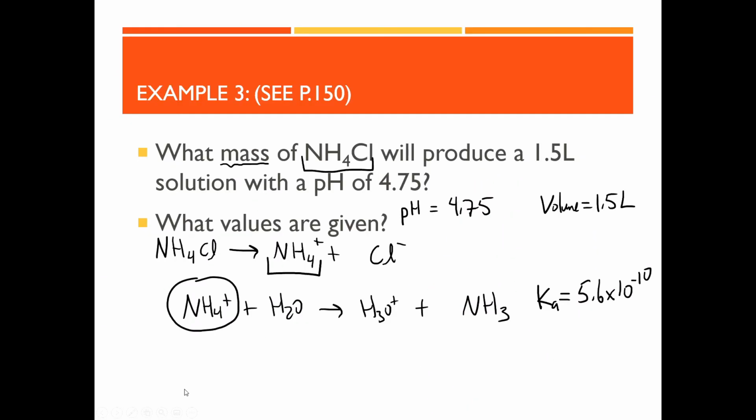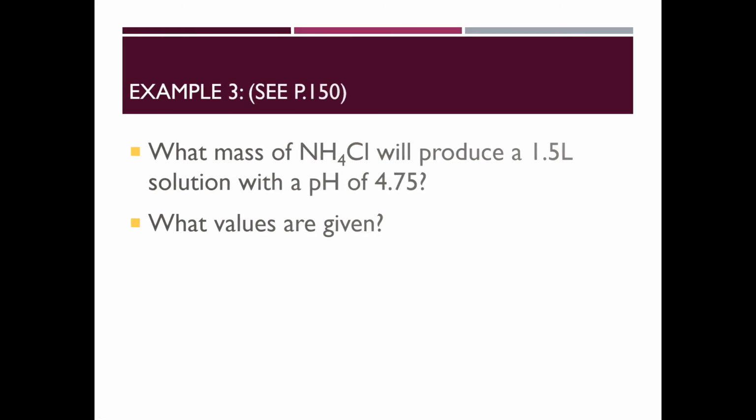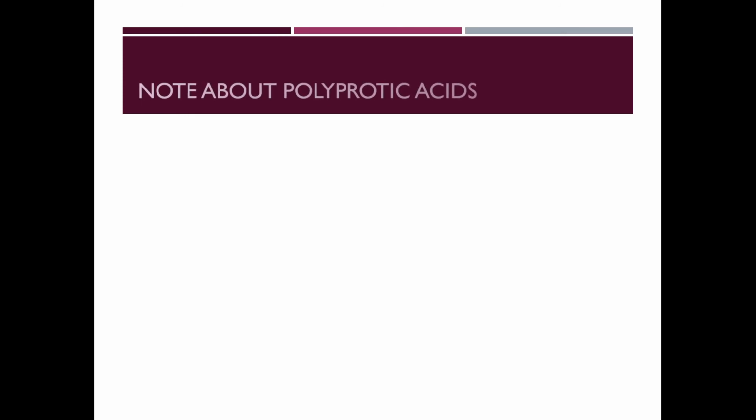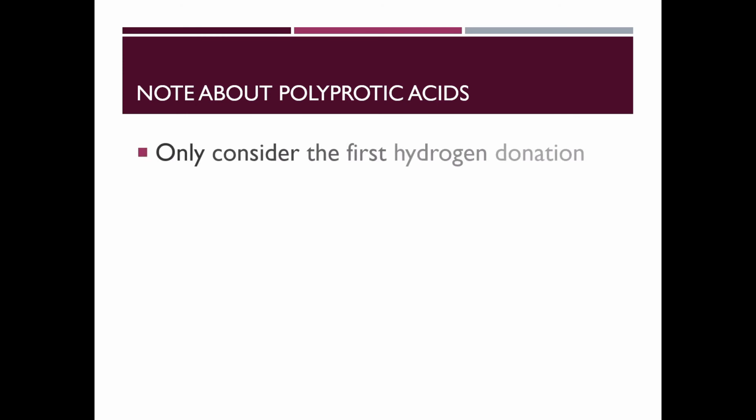Now, to make our lives a little easier, there's another thing we can consider. This is especially useful for polyprotic acids. We only need to consider the first hydrogen donation in a polyprotic acid. So consider here, this is oxalic acid. It's a polyprotic acid, has the ability to give two hydrogens.